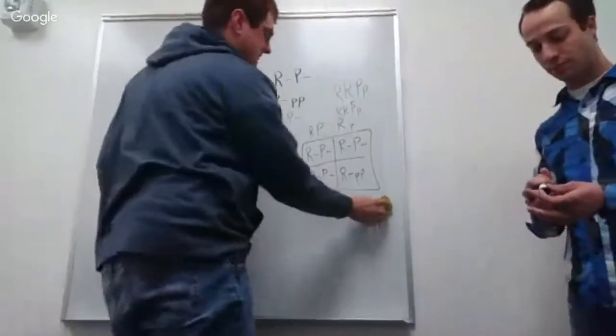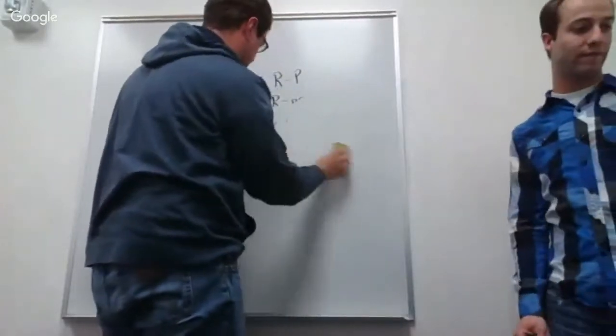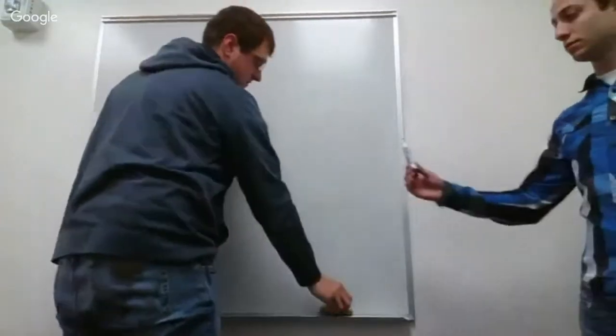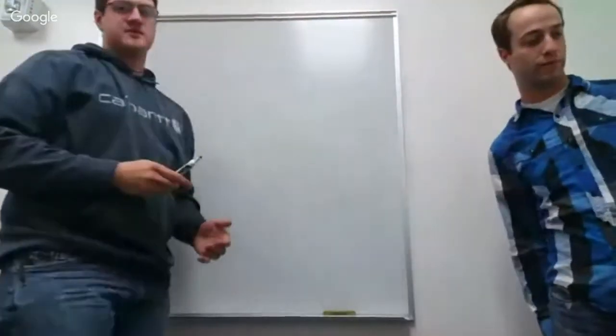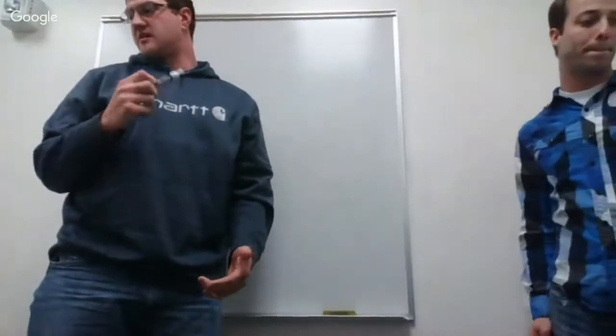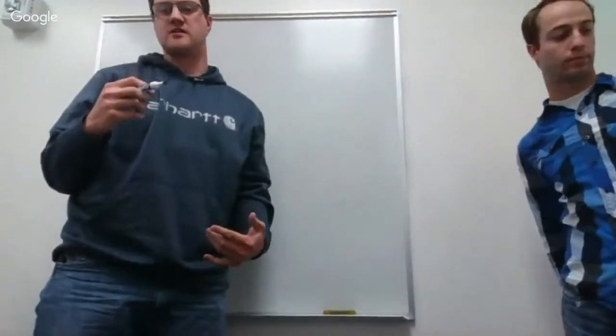All right, and for number 3, talking about the horses and the 3 different colors that you can get. And we came out with that it would be incomplete dominance because the Palomino is a blend of the chestnut and the cream or the cremello.